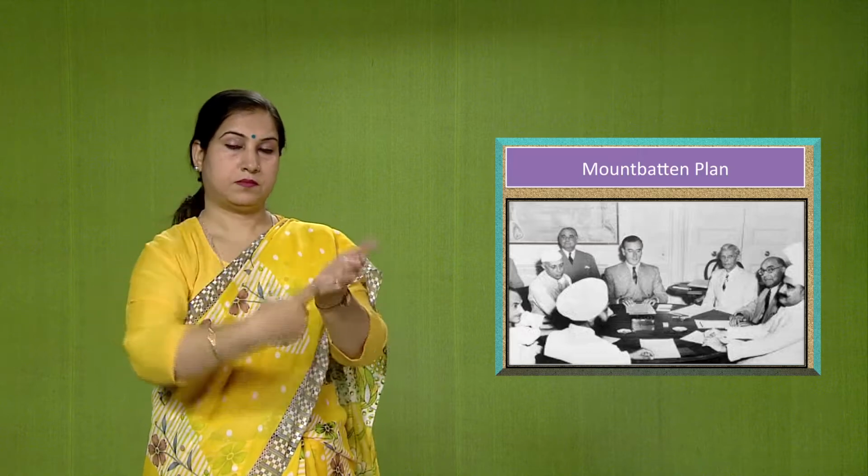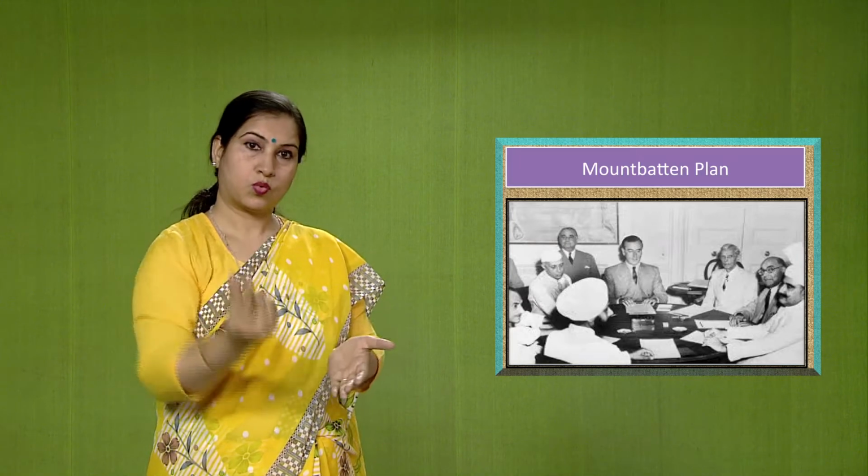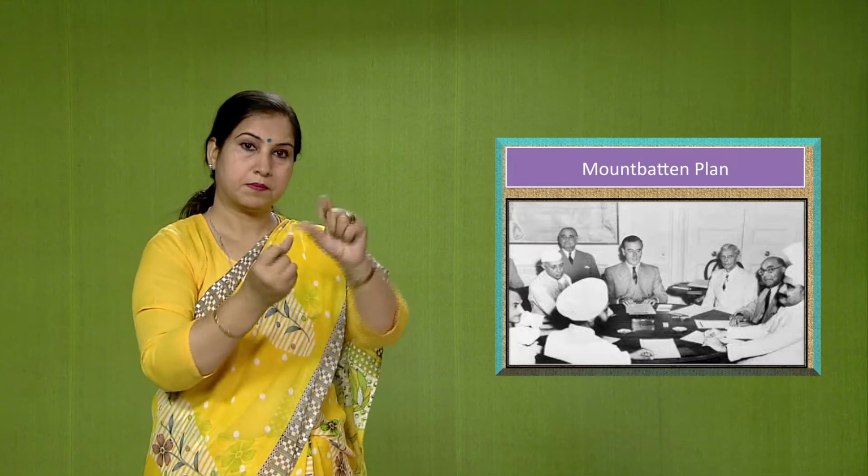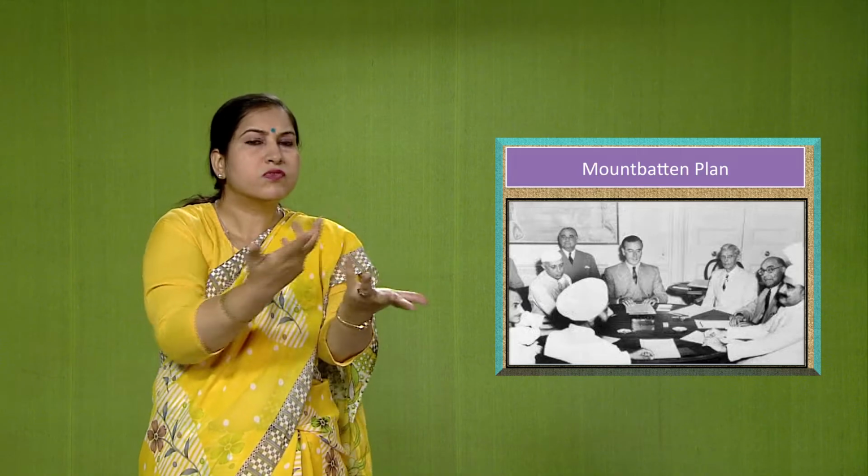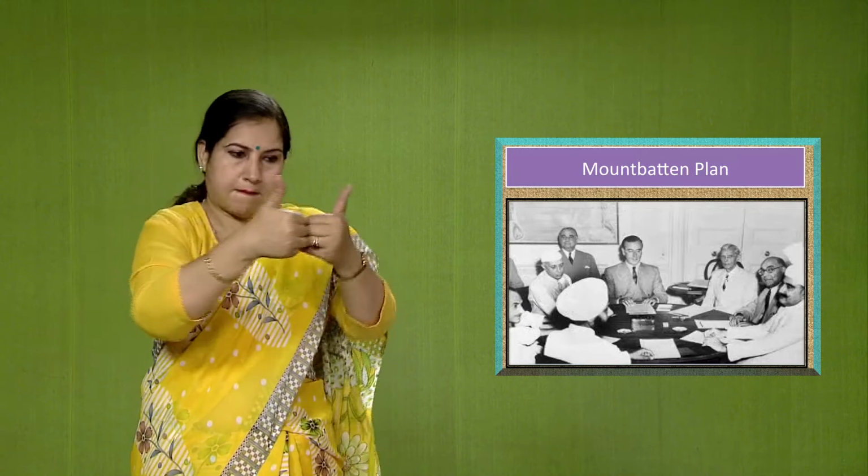Learners, do you know who became the last Viceroy of India? The answer is Lord Mountbatten. He proposed the Mountbatten plan regarding the partition of India.